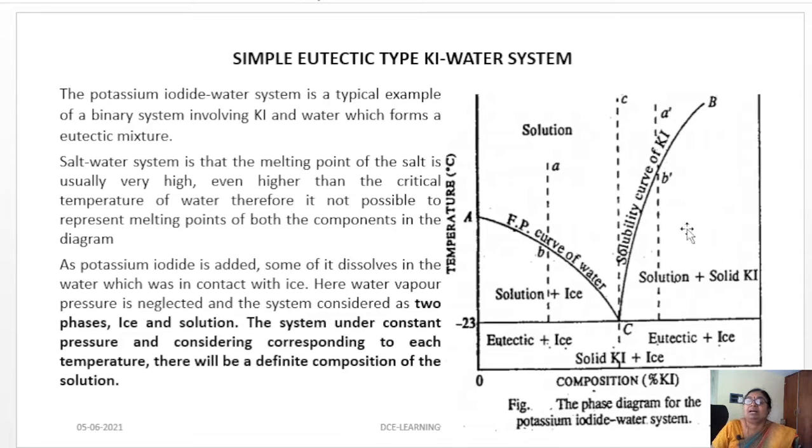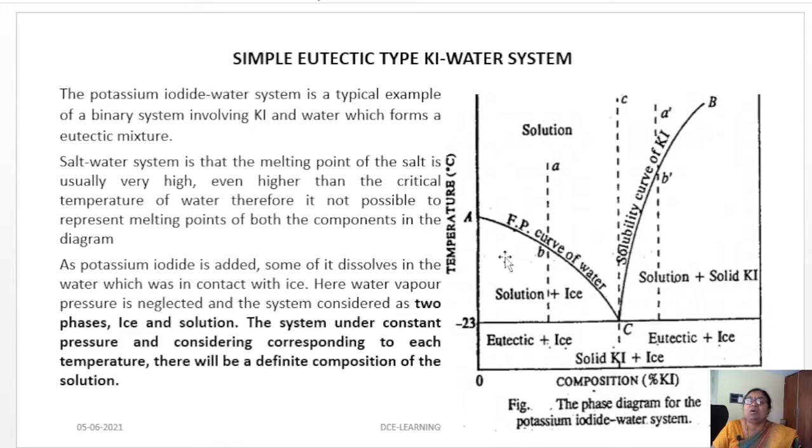This BC curve is the equilibrium between two phases: the solution phase and solid potassium iodide. Consider a mixture at any point on the BC curve from the thermodynamic equilibrium point of view.